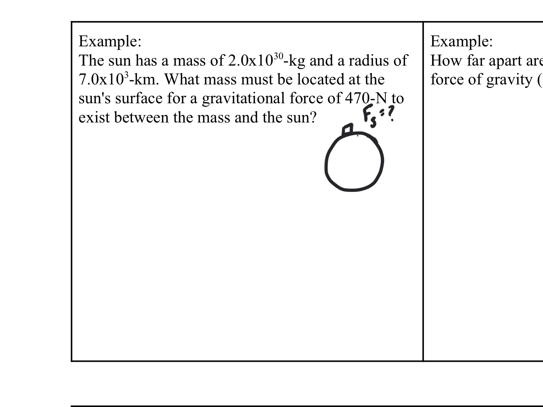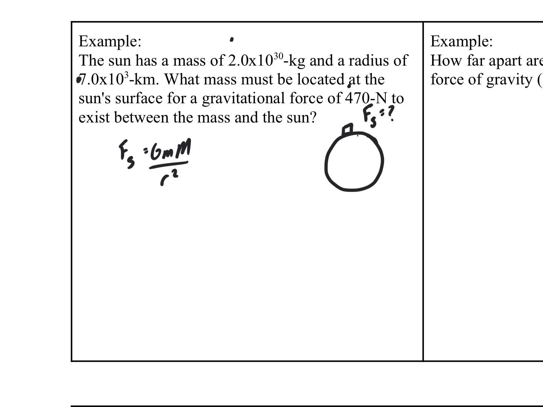I'm sorry, we're trying to figure out what mass causes that. So here's how we do this. Again, we have Fg equals big G, little m, big M over r squared. And what we're looking for is the little m here, like what mass. So the way it's defined, it looks like it's given us all this information.